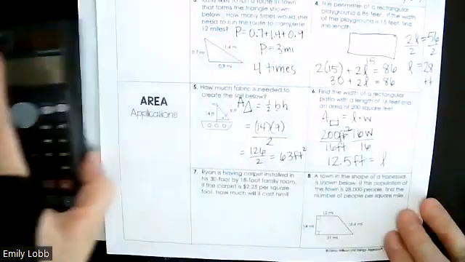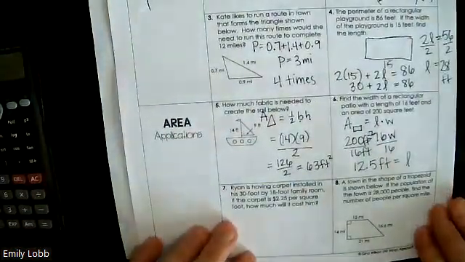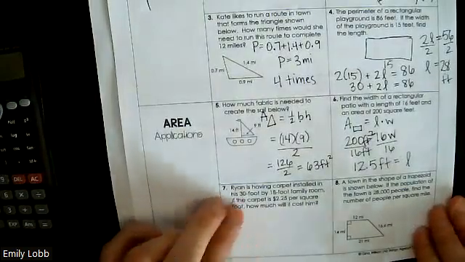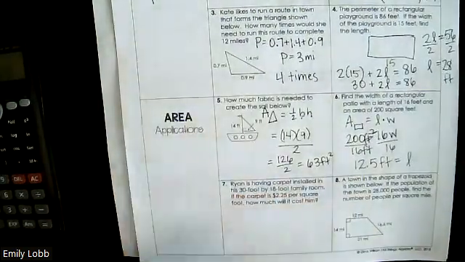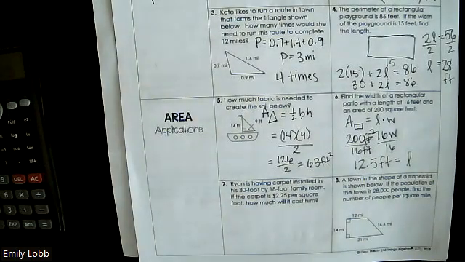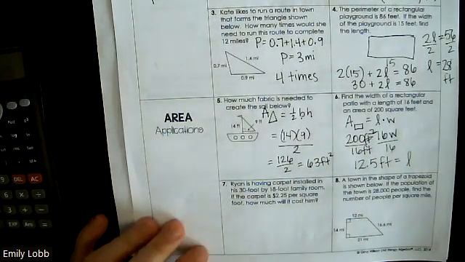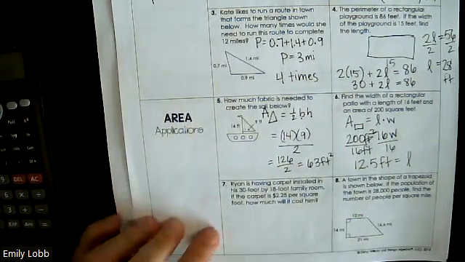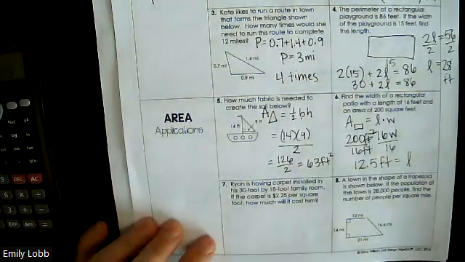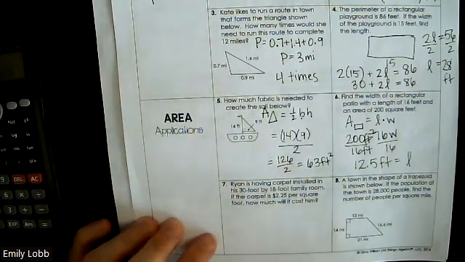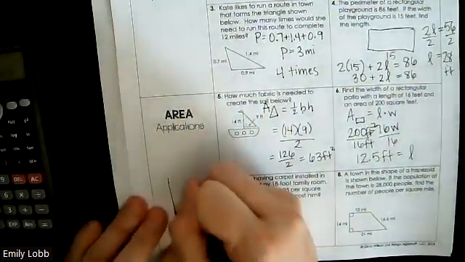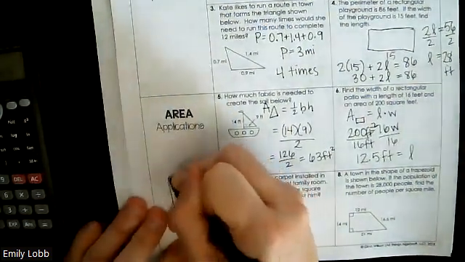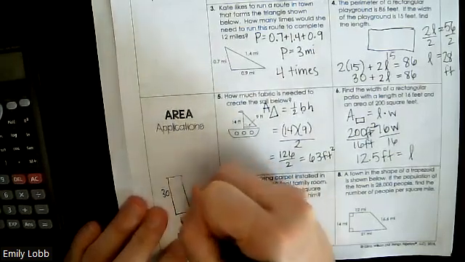All right, Ryan. If we have a 30-foot by 18-foot family room, how much is the carpet gonna cost if it's $2.25 per square foot? So we have to figure out how much square feet we have, right? So if I have 30 by 18, maybe it looks like this.